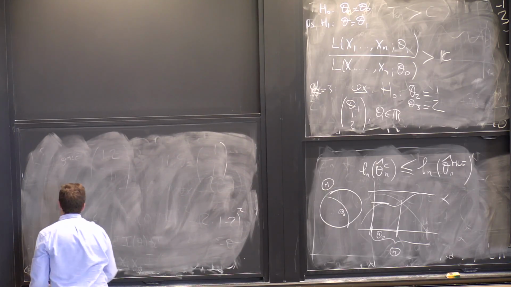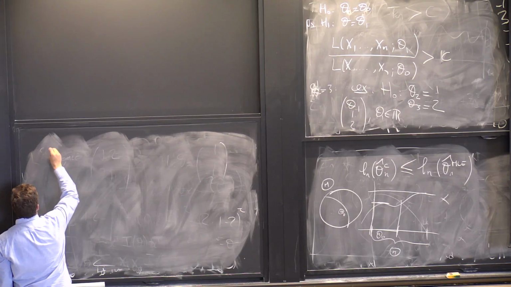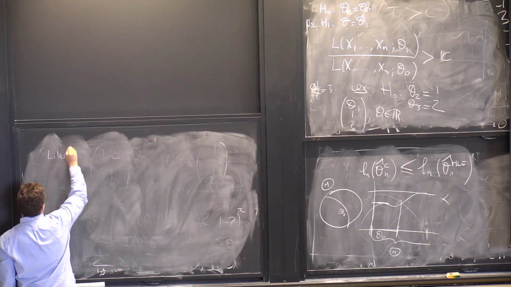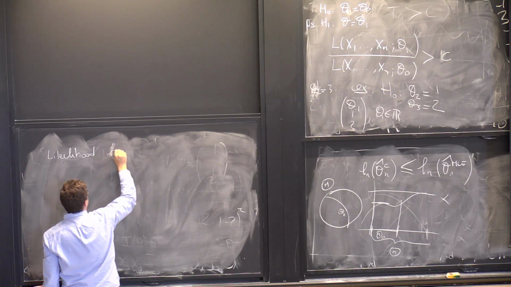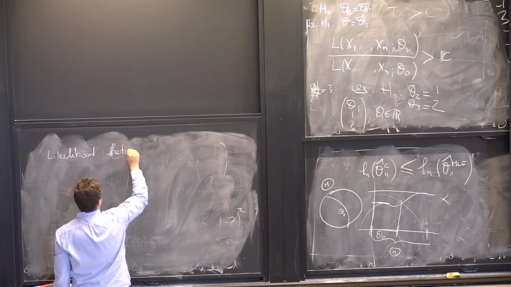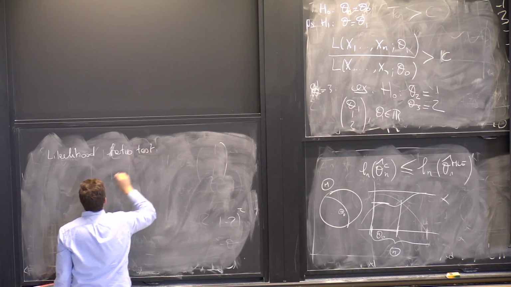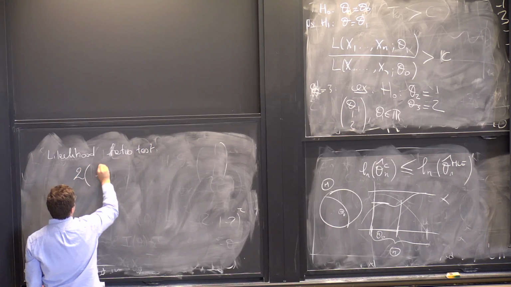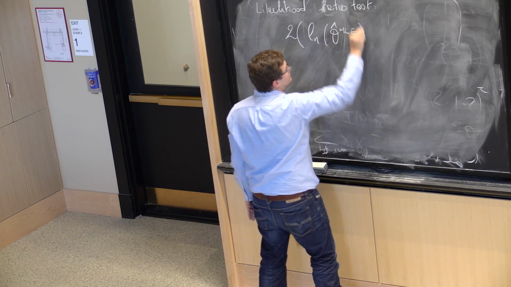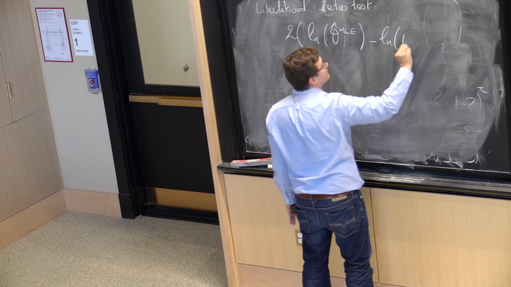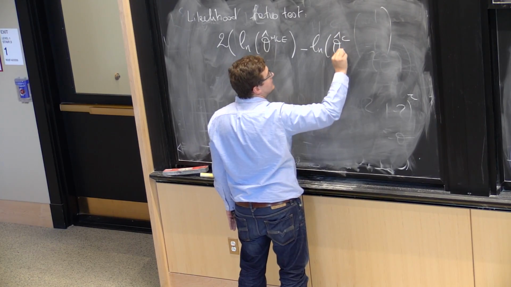And this is what we get. If I look at the likelihood ratio test, it's looking at 2 times ln of theta hat MLE minus ln of theta hat MLE constrained.